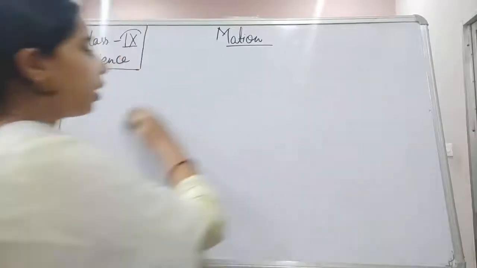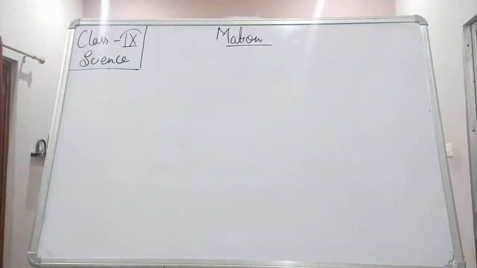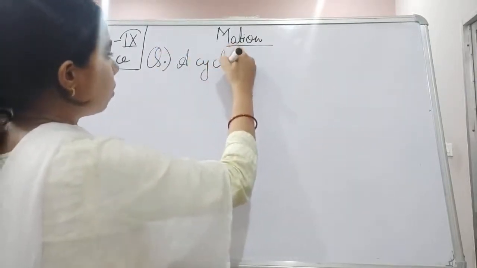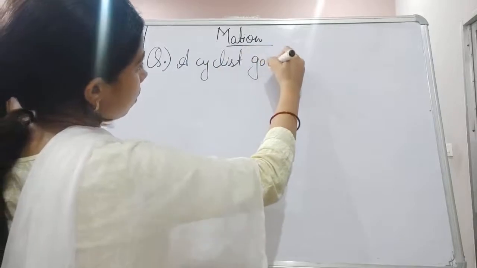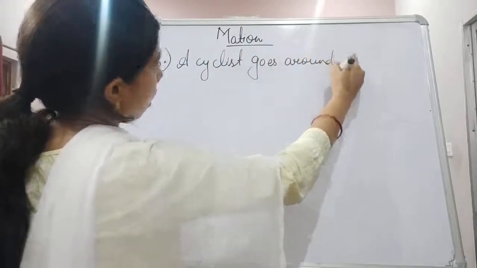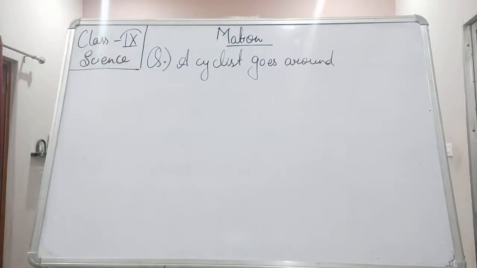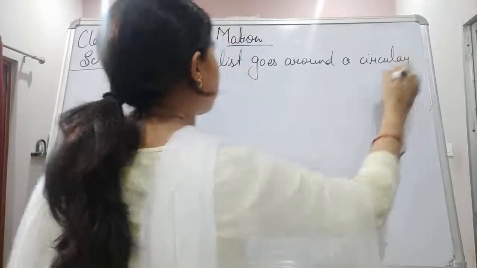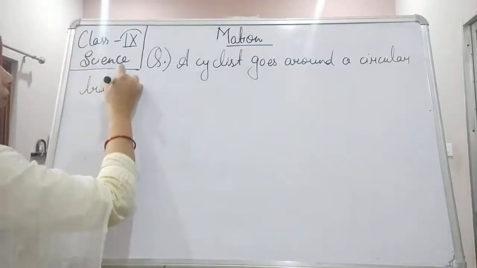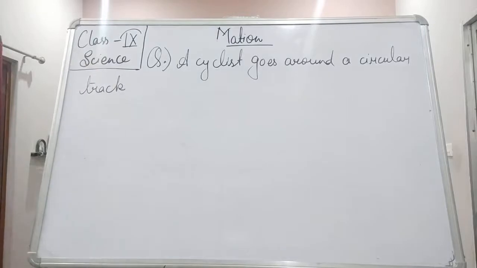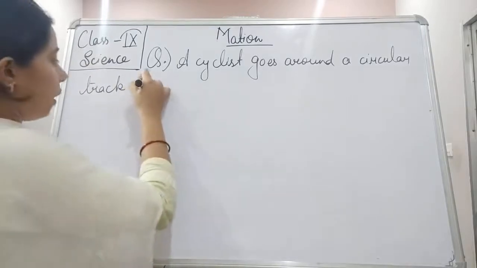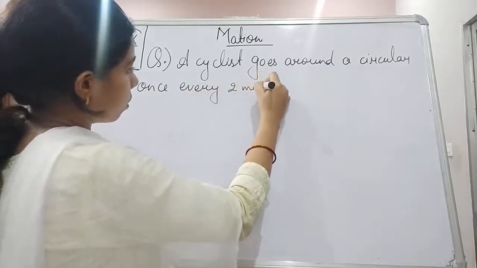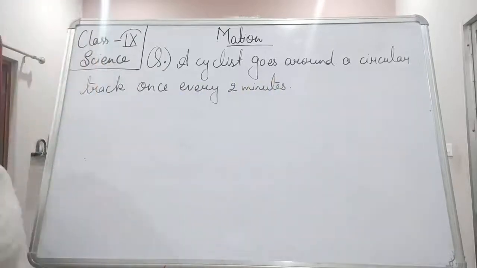So the question is: a cyclist goes around a circular track once every 2 minutes.